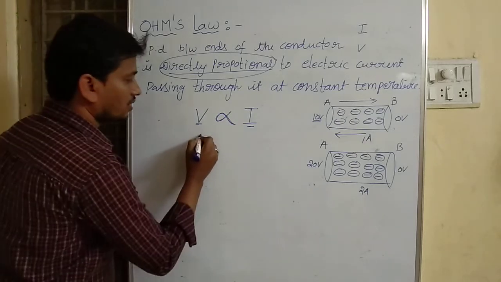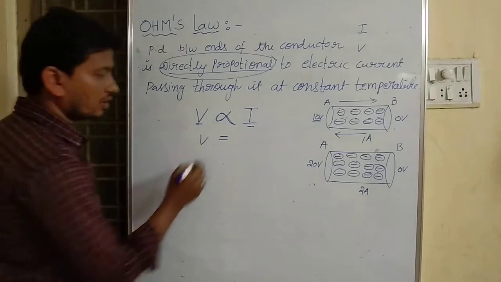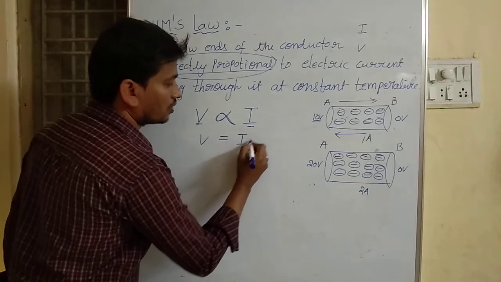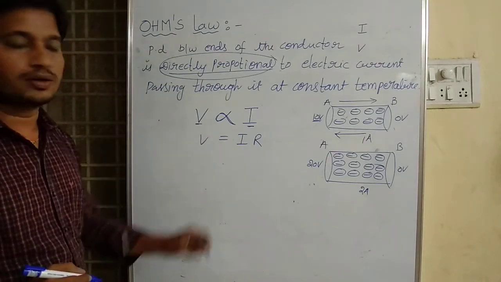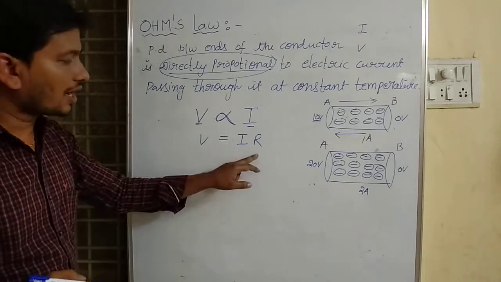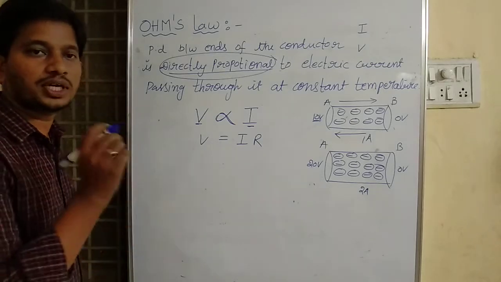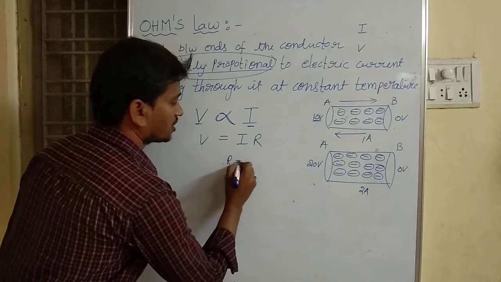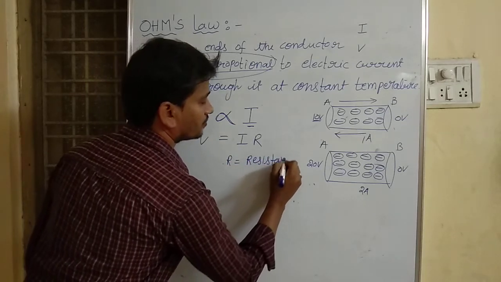So let me remove this proportionality with a constant and write V equal to IR. What is R? Here R is called the proportionality constant, which we also call the resistance of the conductor.